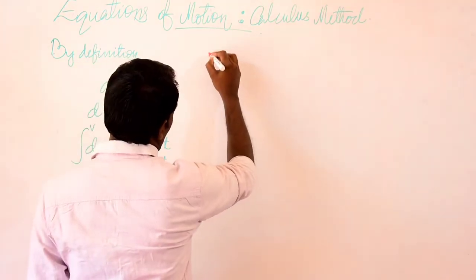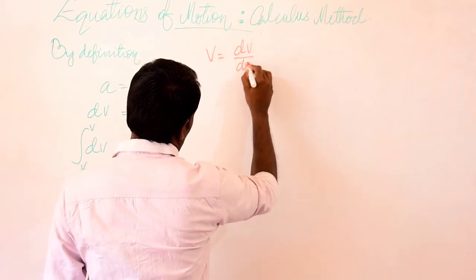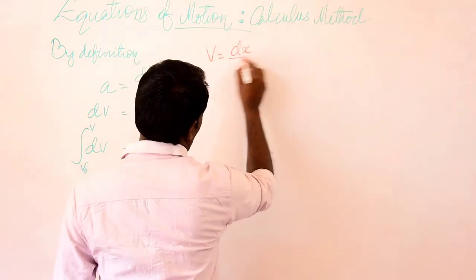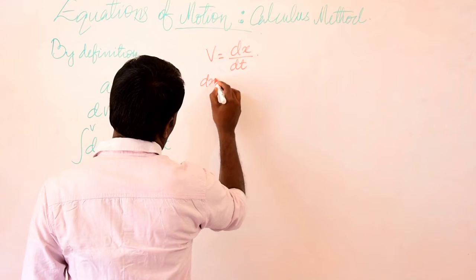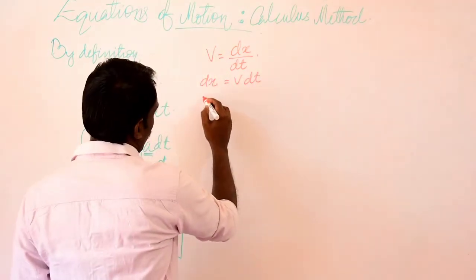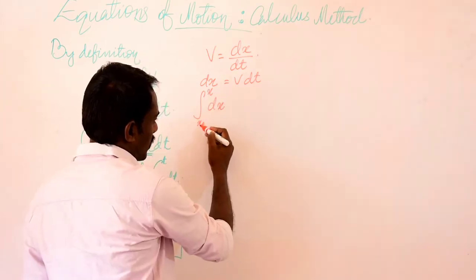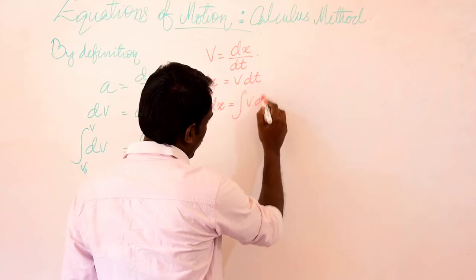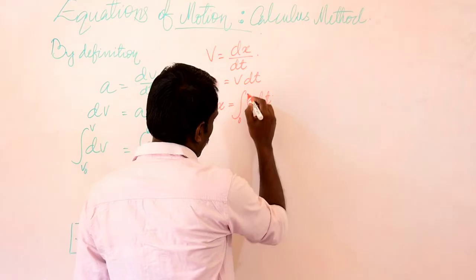Again we have v = dx/dt. That means dx = v dt. Integrating both sides, dx from x0 to x is equal to the integral of v dt from 0 to t.